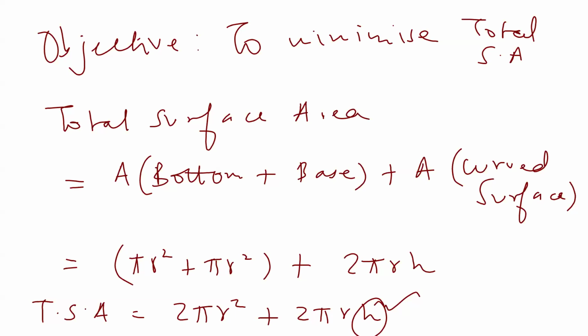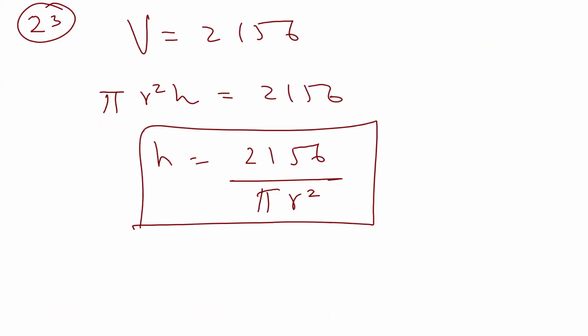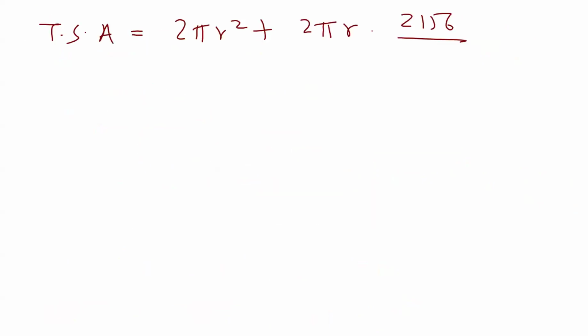Yes, sir. So total surface area is equal to 2 pi r square plus 2 pi r h, where h is equal to 2156 upon pi r square. This pi and this pi get cancelled, and one of the r will get cancelled.